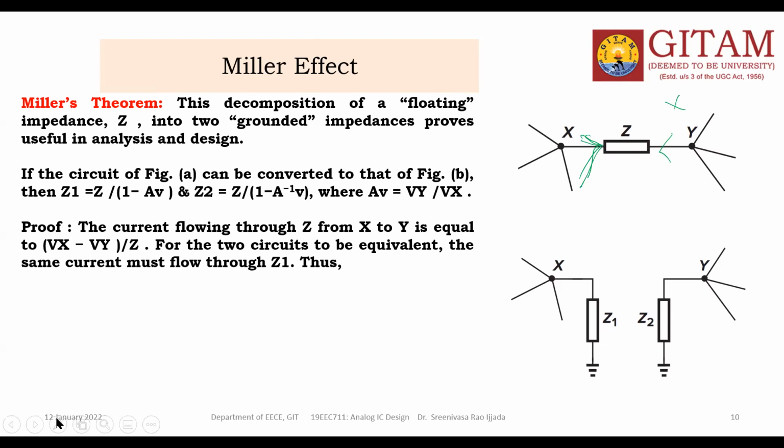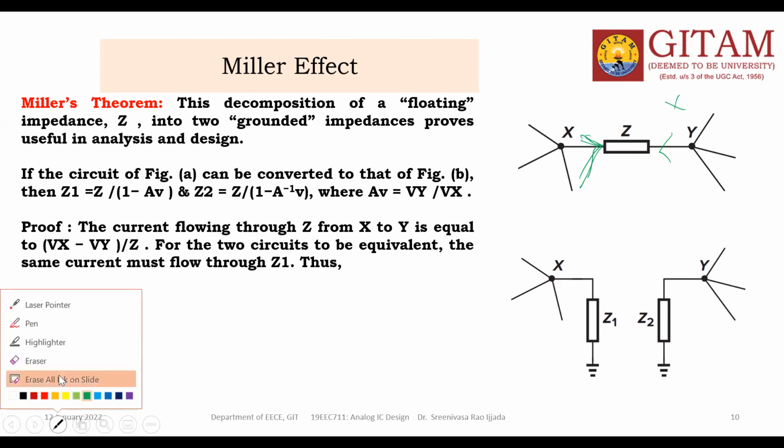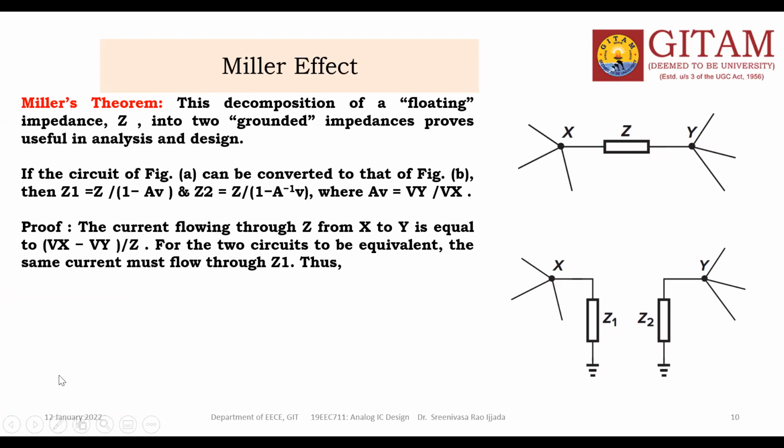The voltage at this node is Vx and the voltage at this node is Vy, so the current I is equal to Vx minus Vy by impedance Z. For the two circuits to be equivalent, the same current must flow through Z1.